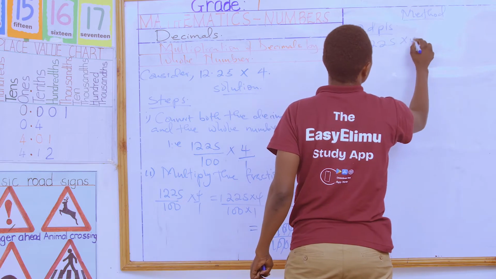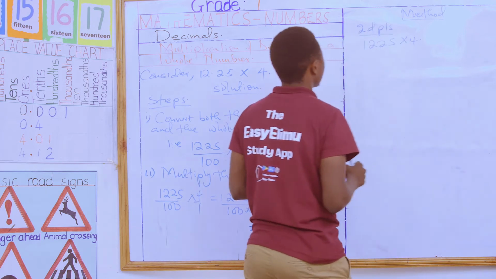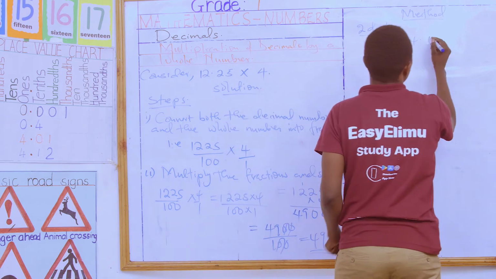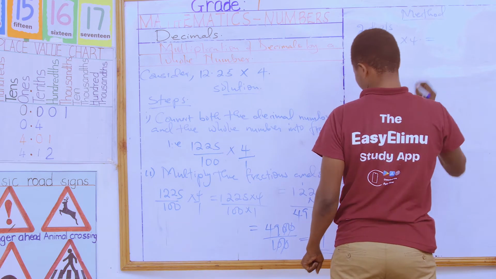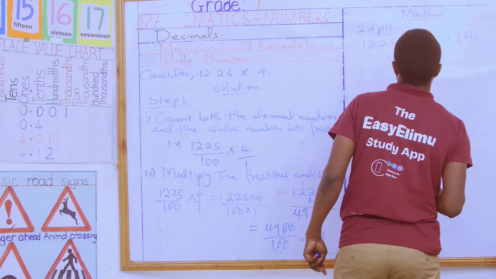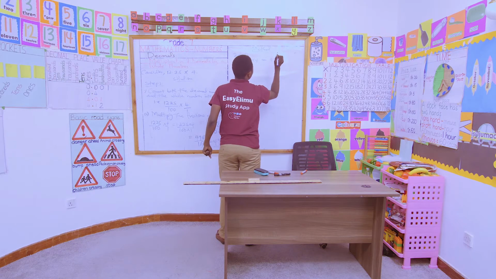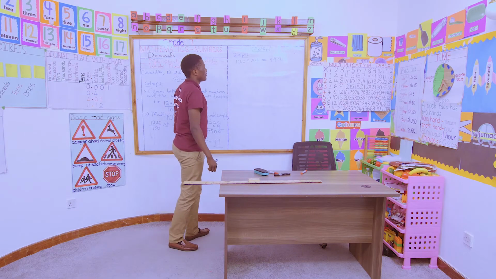Then you multiply it by 4. Then you put the decimal places accordingly once you're done. So we calculated this down here, and it is 4,900. And our decimal places are how many? 2. Then you place the decimal point there.